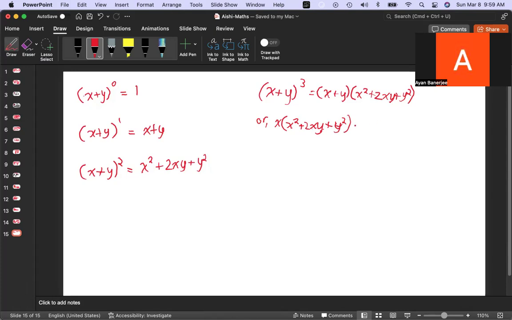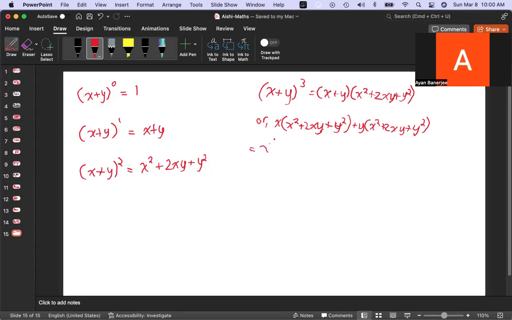We still have y times x squared plus 2xy plus y squared. So now let's multiply x with this humongous thing.